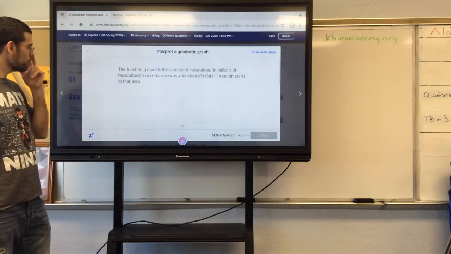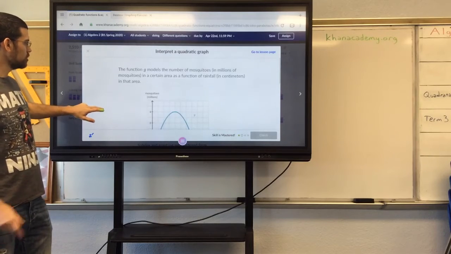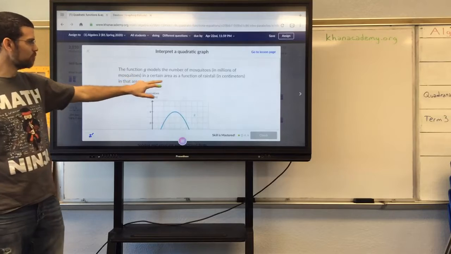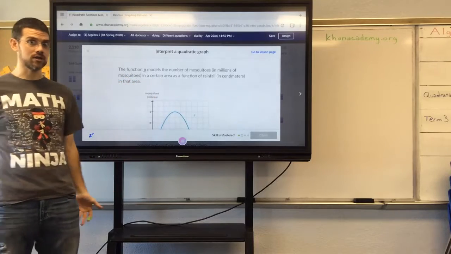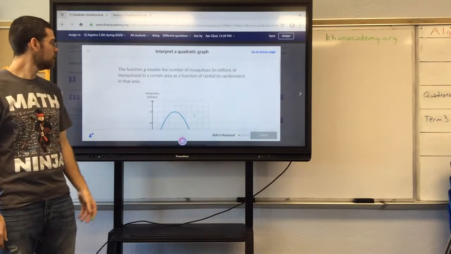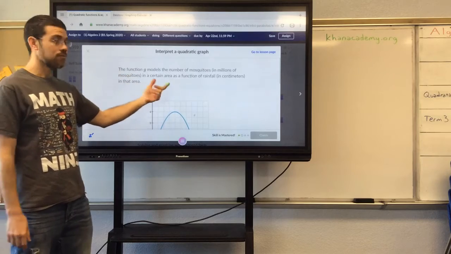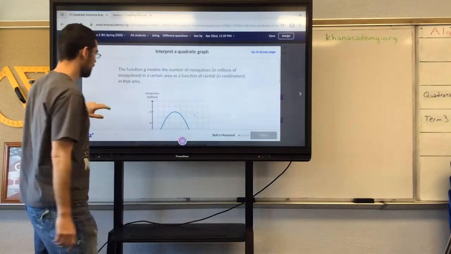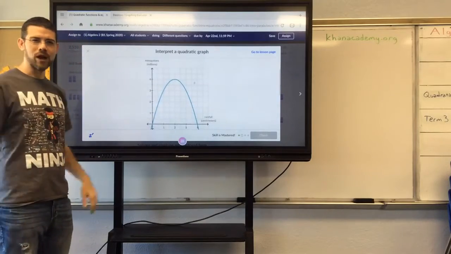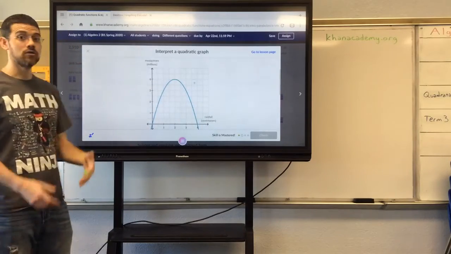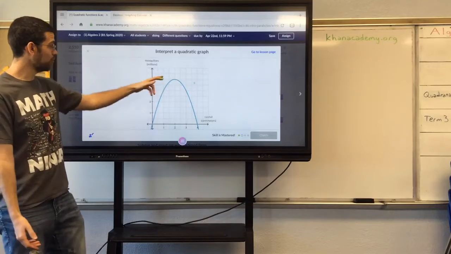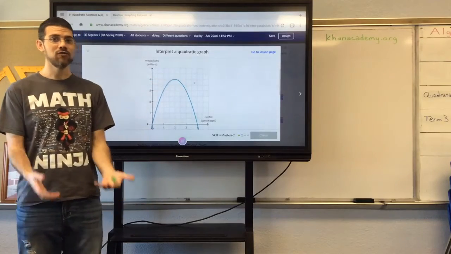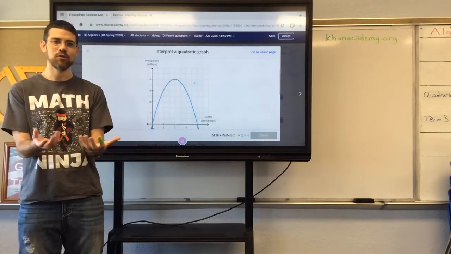Next question. The function g models the number of mosquitoes, in millions of mosquitoes, it must be Minnesota, in a certain area, as a function of rainfall in centimeters in that area. More wet, mucky stuff, more mosquitoes, until at some point, you have the best circumstances for breeding mosquitoes.